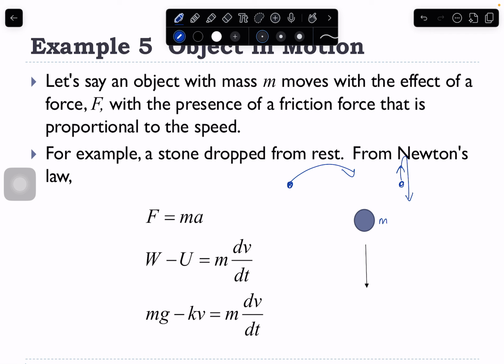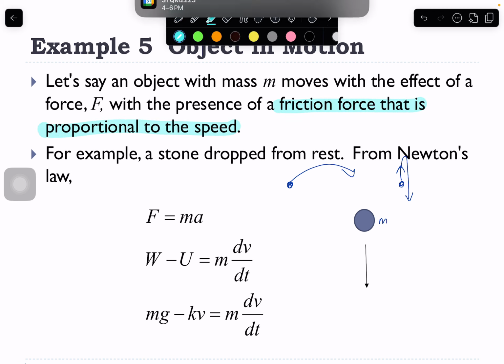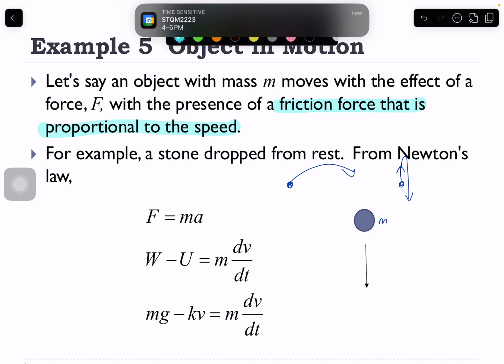Okay, and you have a friction force, the wind, for example, that is the friction force, and this friction always moves opposite to the direction of the object. Okay, and it says that the friction force is proportional to the speed of the moving object.